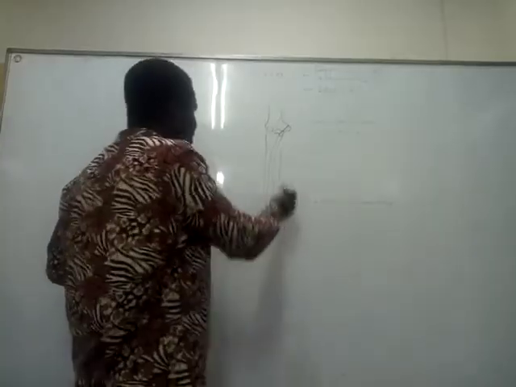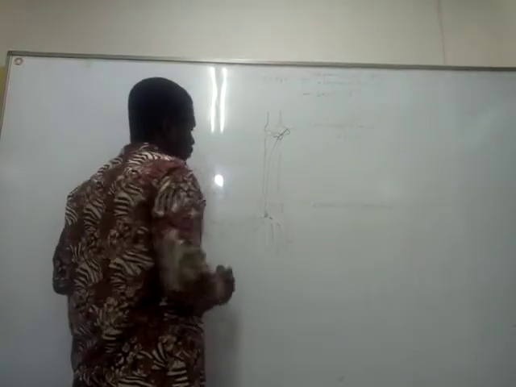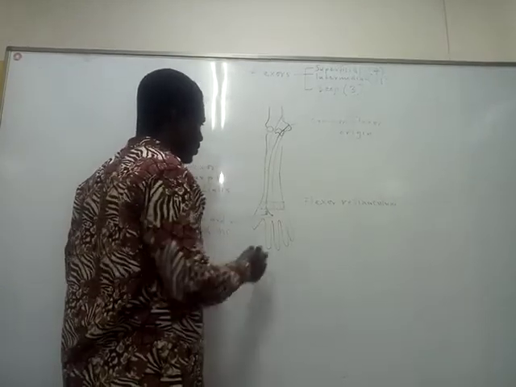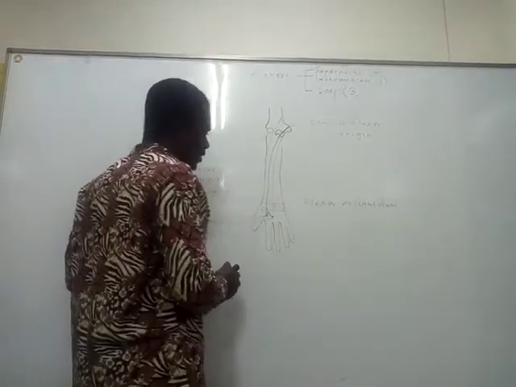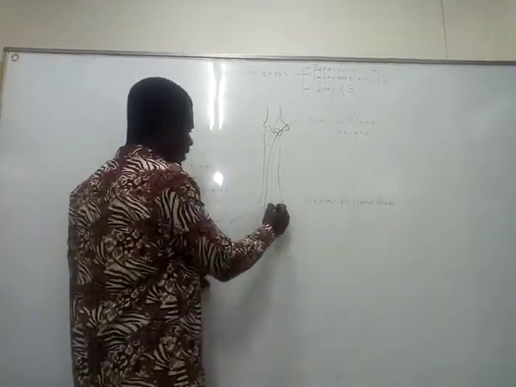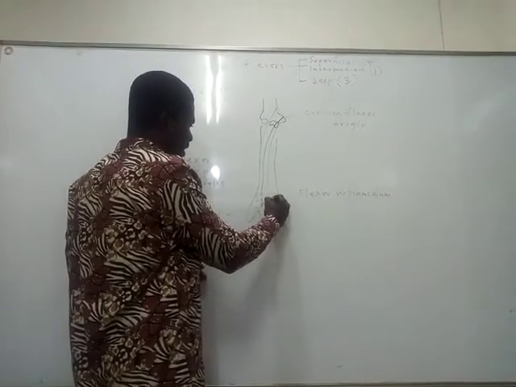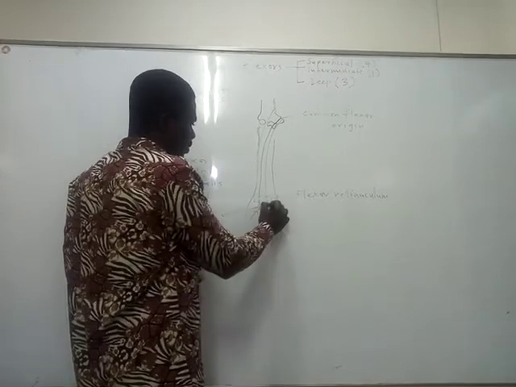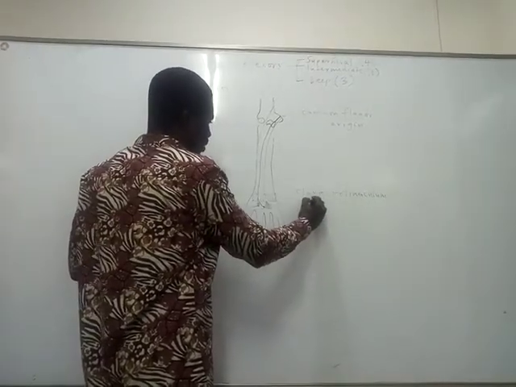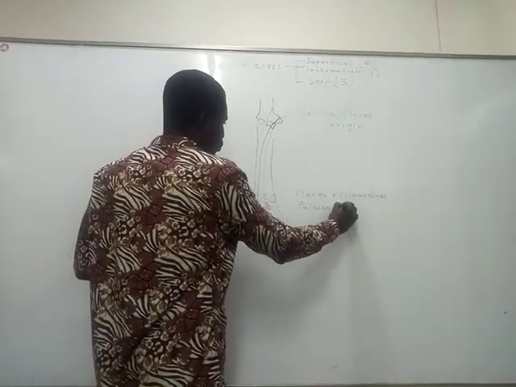It takes insertion from the superficial fibers of the flexor retinaculum, and beyond it gives off this triangular band of fibrous tissue known as palmar aponeurosis.